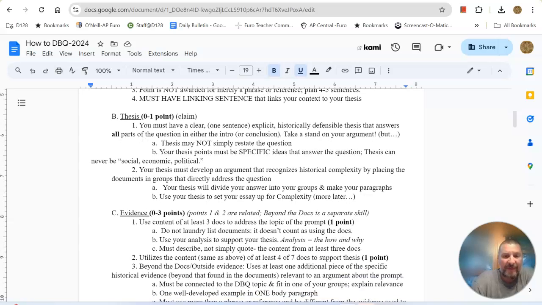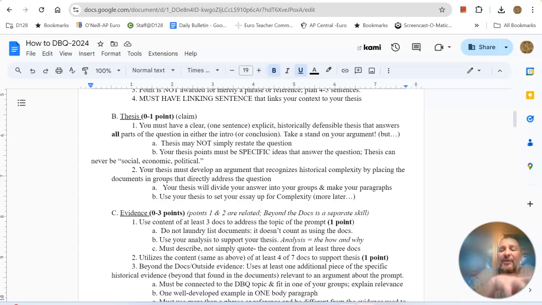So now let's talk about the thesis. Thesis is your claim, those of you who remember from your Highland days or Oak Grove days. You must have a clear, I say 1 sentence because there's no reason why it can't be 1 sentence, but it doesn't have to be. Explicit and historically defensible thesis that answers all parts of the question, either in the intro or conclusion.